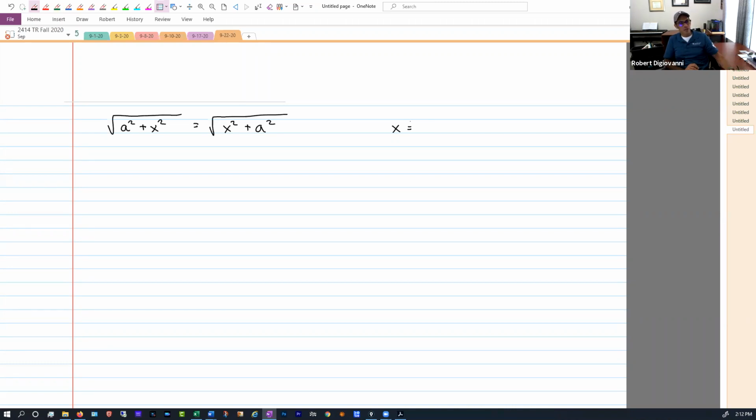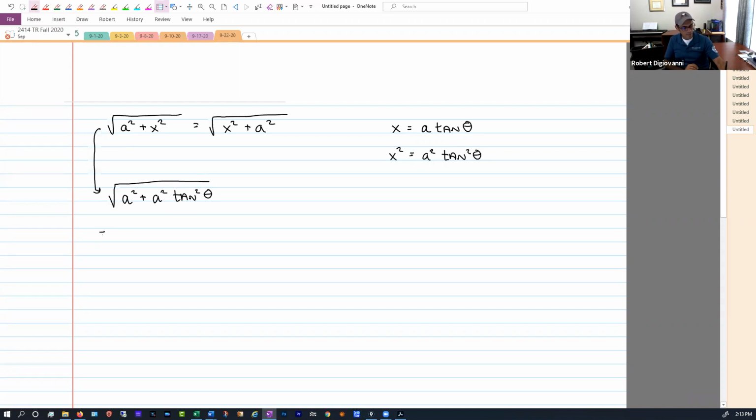It's going to be tangent. Let's see why. Oh, sorry, I forgot the a. Okay, because if we square that, we get a squared tangent squared. Now if I rewrite this, it becomes the square root, let me do the first one, of a squared plus a squared tangent squared theta.